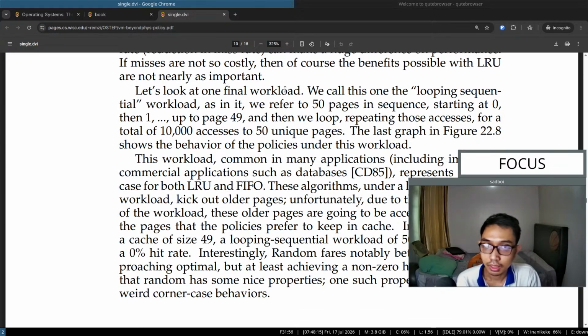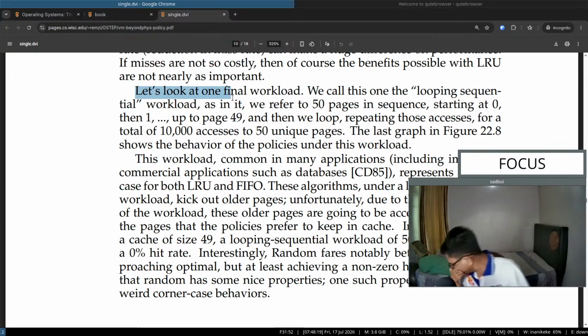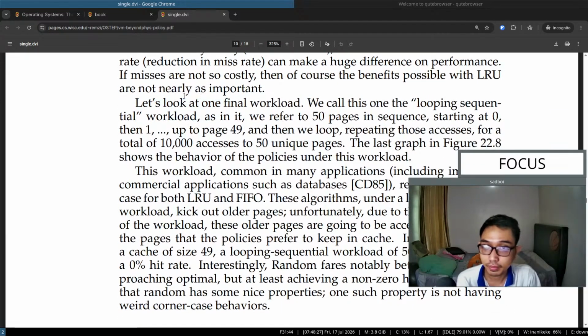Let's look at one final workload. We call this one the looping sequential workload. Looping sequential.